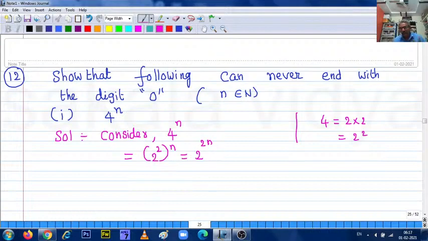If it contains 2 and 5, then it ends with 0. Write down, since 2 to the power of 2n does not contain the factor of 5.